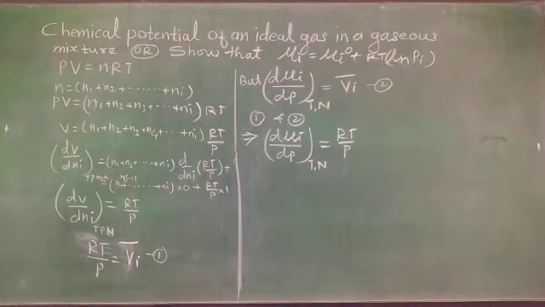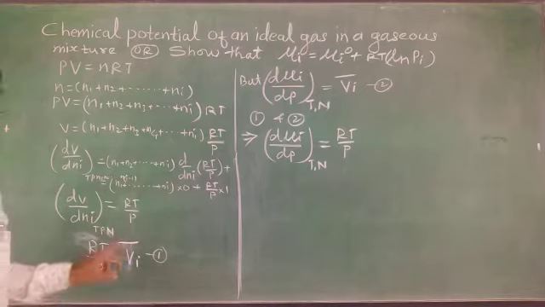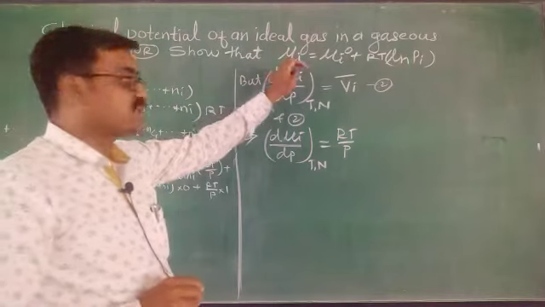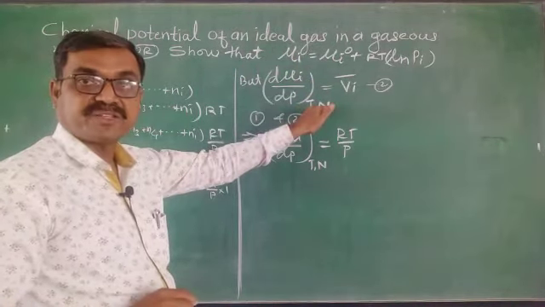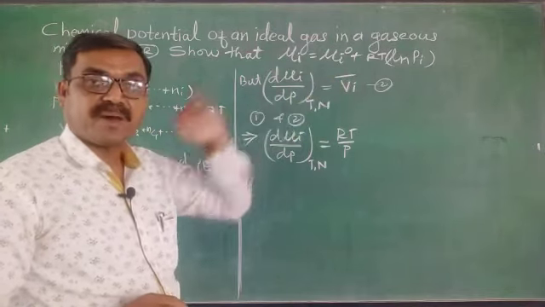I think there is no doubt, because the RHS are the same. You know why it is so? Because dV/dni is nothing but Vi bar. But the change in chemical potential with respect to change in pressure at constant temperature and constant number of constituents in the system is also nothing but Vi bar.